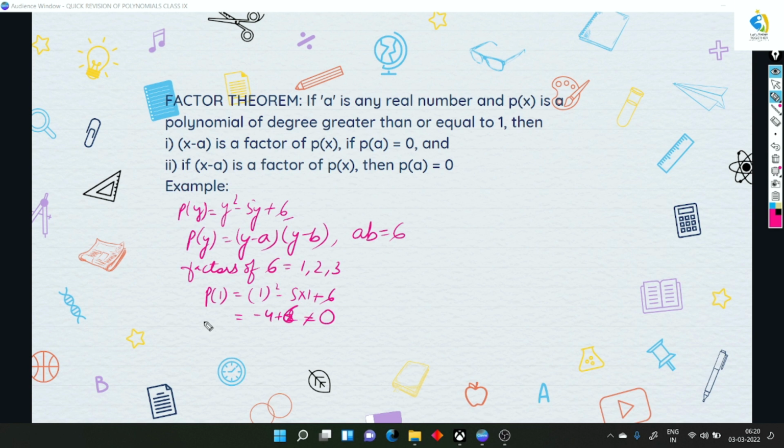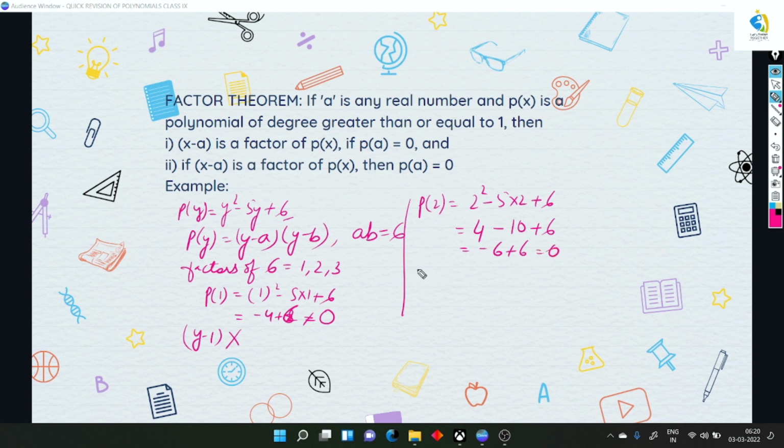So y minus 1 is not a factor. Next, we'll just go and check for p of 2. P of 2 will be 2 square minus 5 into 2 plus 6. So this is 4 minus 10 plus 6. So here we are getting 0.